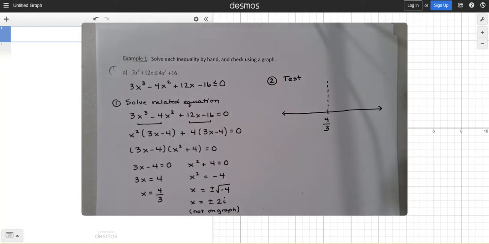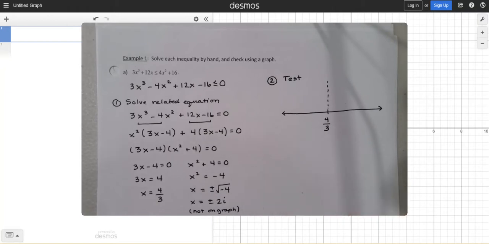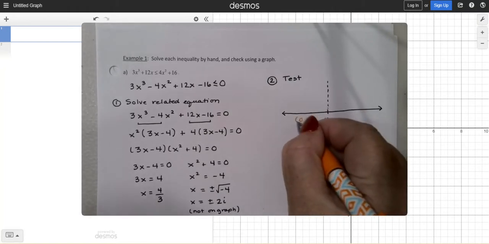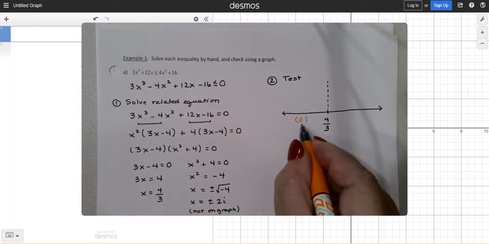So let's pick a test value. I can pick any test value smaller than 4/3. I really like to use 0 as a test value because it's an easy number to work with. So let's test 0.